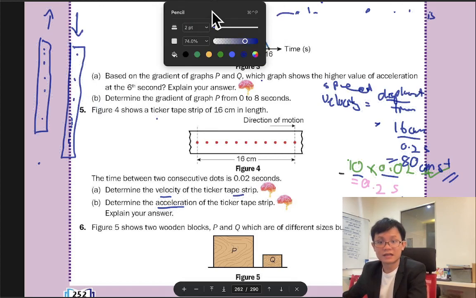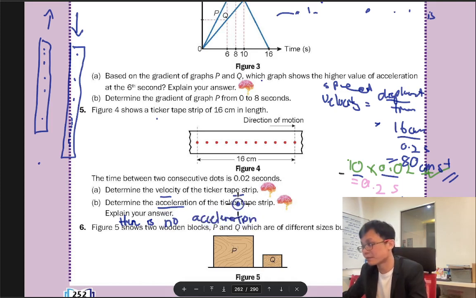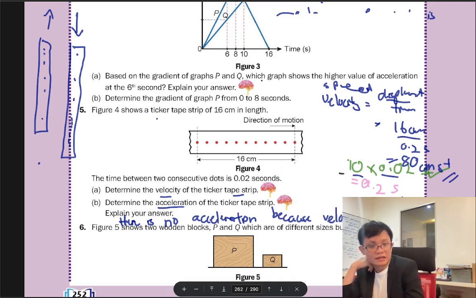So I will say there is no acceleration because the speed or the velocity is constant.